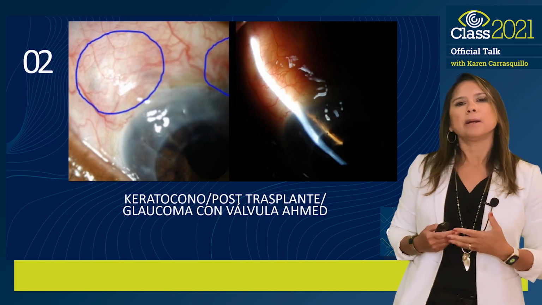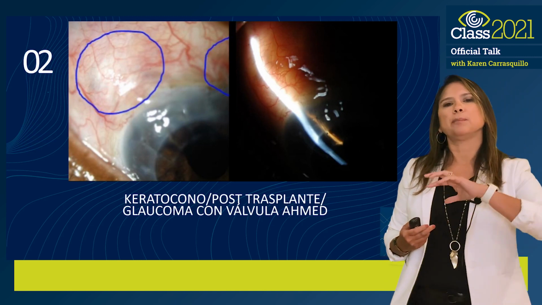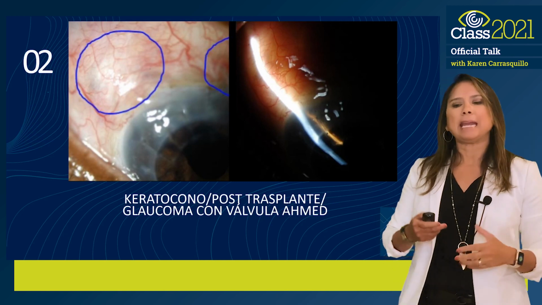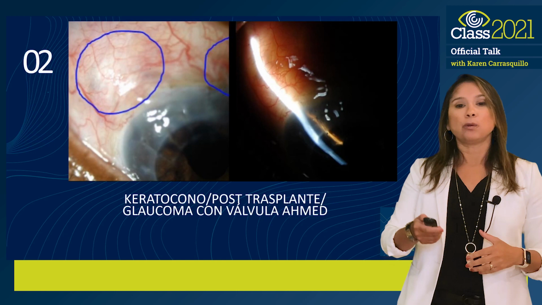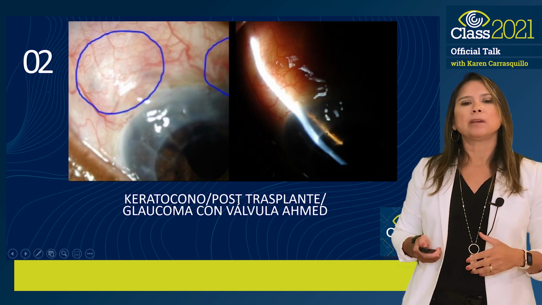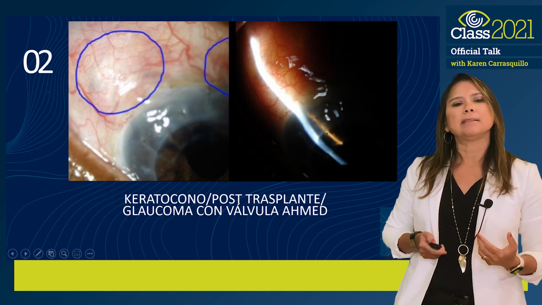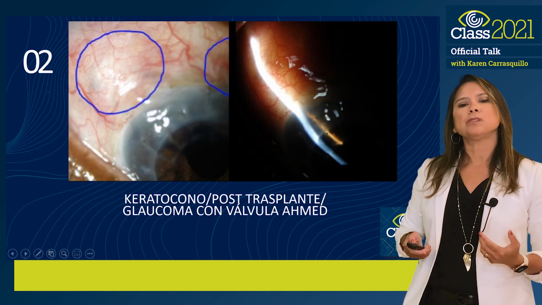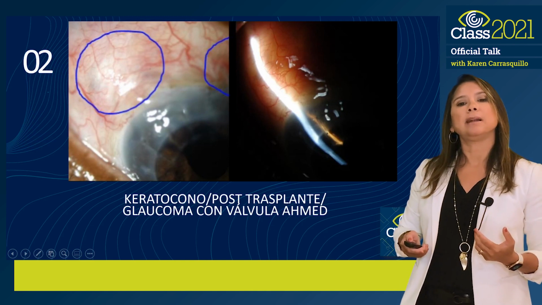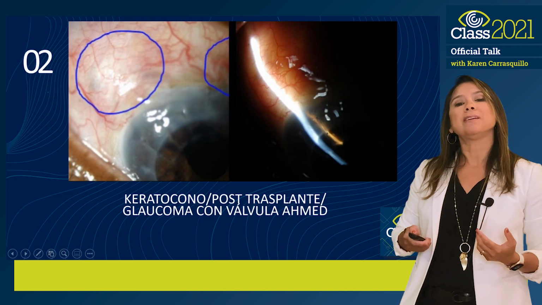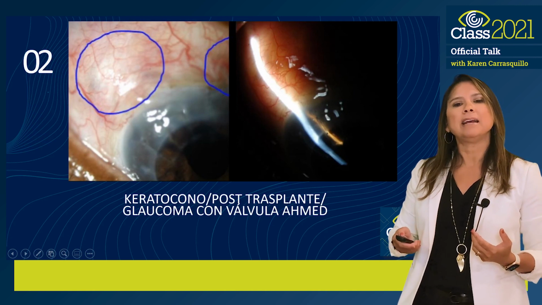Although we consulted with the glaucoma specialist and suggested putting that valve in as late as possible, in the second image you can see this valve here, and at this position of the limbus that conjunctiva is quite elevated and goes just to the edge of the limbus.